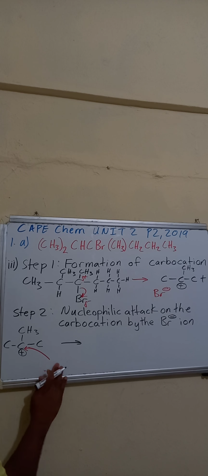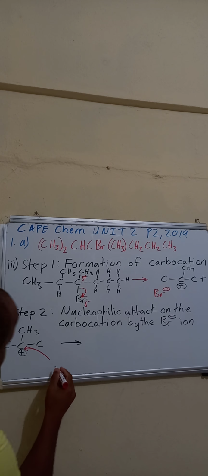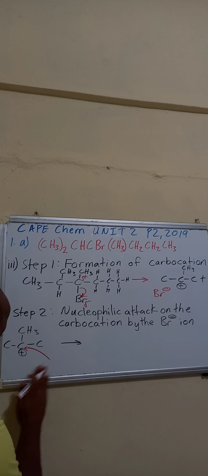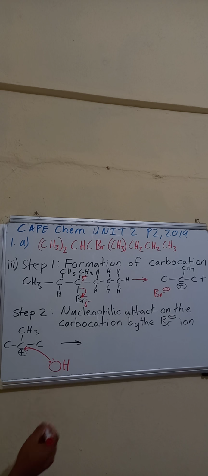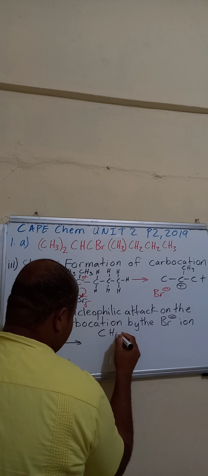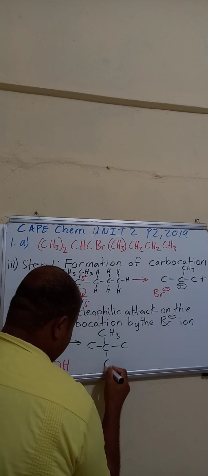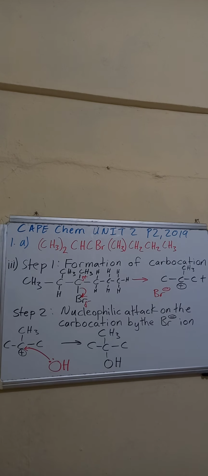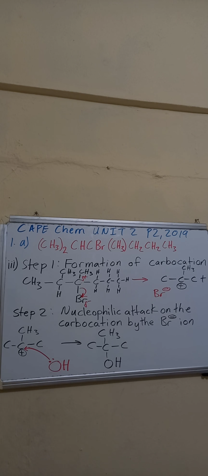And so from a haloalkane, you can get an alcohol. The hydroxide ion of the sodium hydroxide is what acts as the nucleophile.